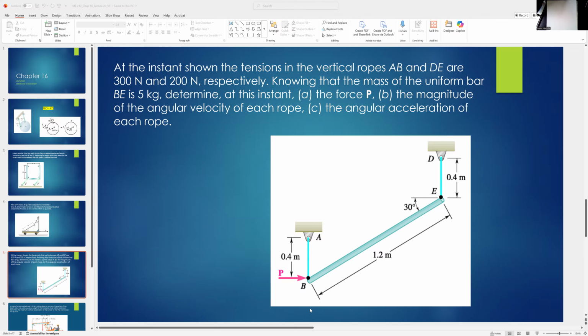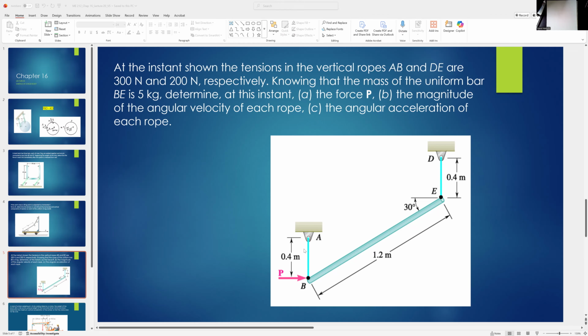In this case, we want to find the force P such that the tension in AB is 300 newtons and the tension in DE is 200 newtons. So what that means is that this is pushing on it. This is, again, not rotating, but translating, right?